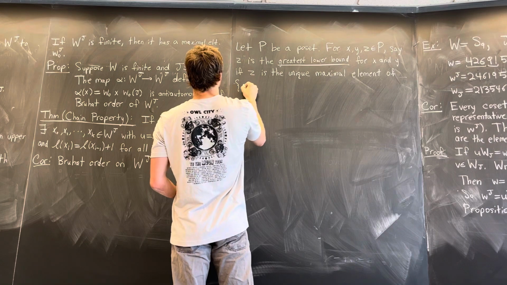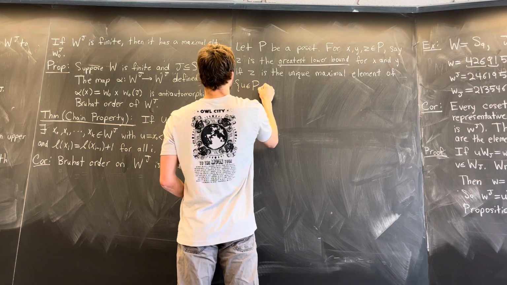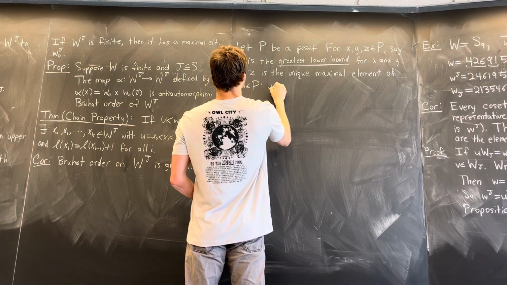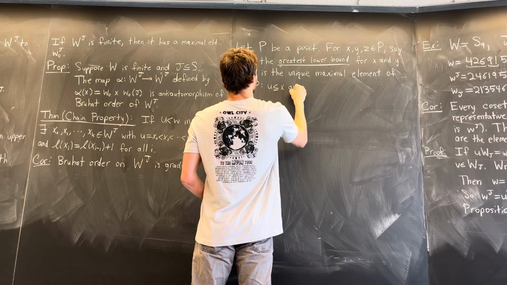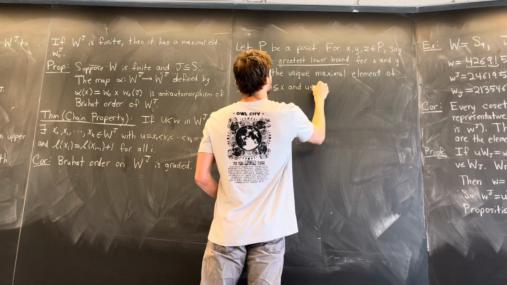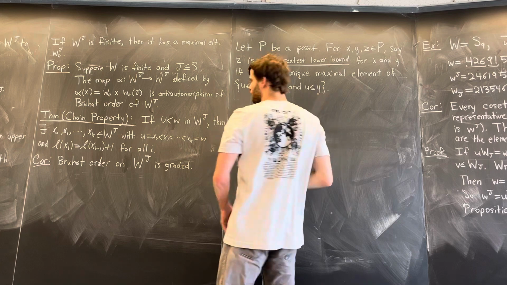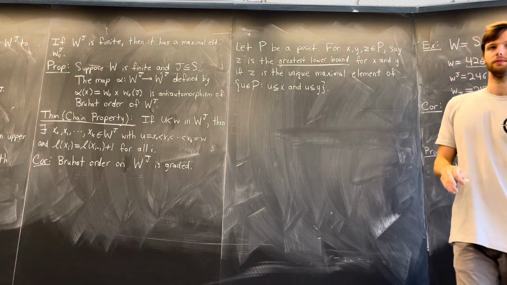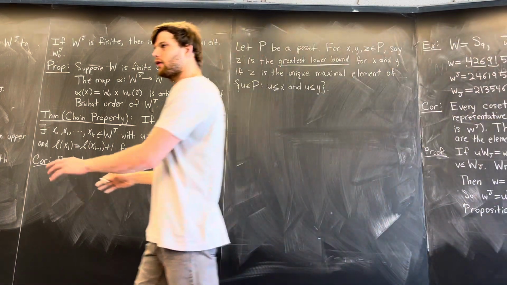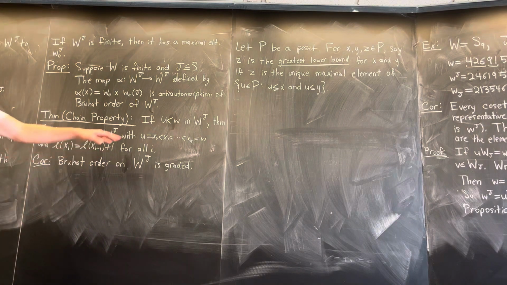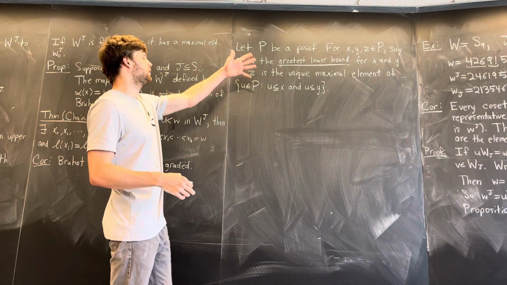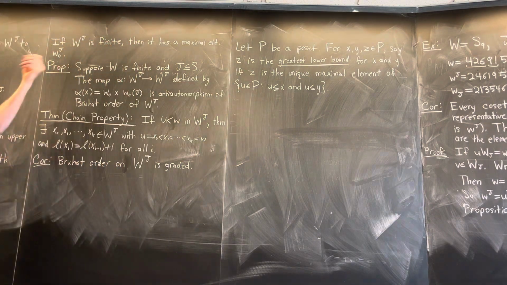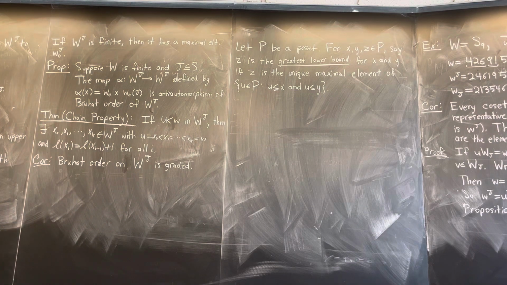So the set of u in P such that u is less than or equal to x and u is less than or equal to y. Again, this set of lower bounds isn't always going to have a unique maximal element, but if it does, then that's called the greatest lower bound for x and y.